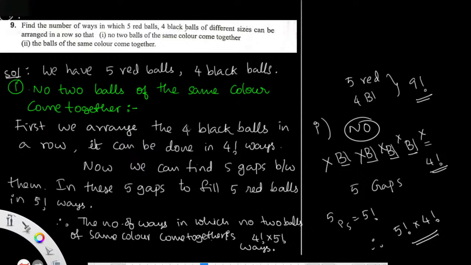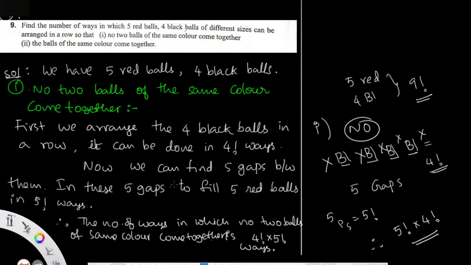To fill 5 red balls in these 5 gaps, 5 factorial ways. Therefore, the number of ways in which no two balls of the same color come together is 5 factorial into 4 factorial. That is the answer, 5 factorial into 4 factorial. That is question number 9, first bit.